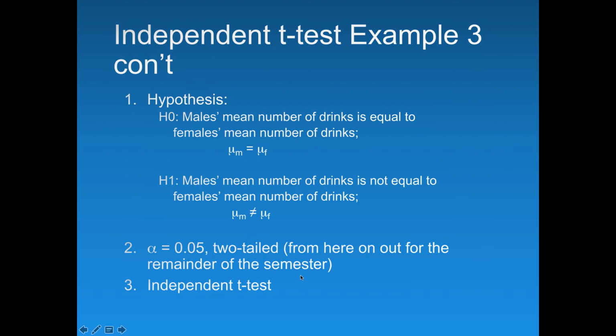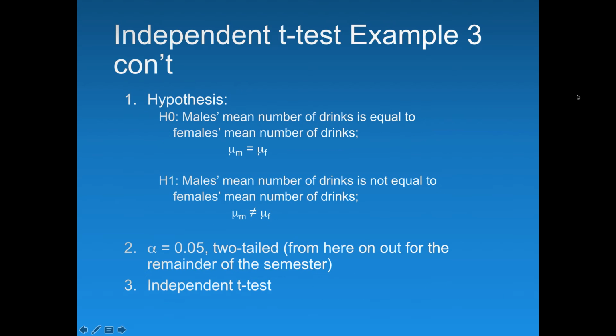Okay, so then the way your textbook goes through to describe it is you first state the hypothesis. The null hypothesis is that the male's mean number of drinks will be the same as the females. And then the alternative hypothesis is that they won't be equal. Then we determine our level of significance, 0.05, because that's what we're using in this class. What test we're going to use, the independent t-test, because we just talked about that with the variables.